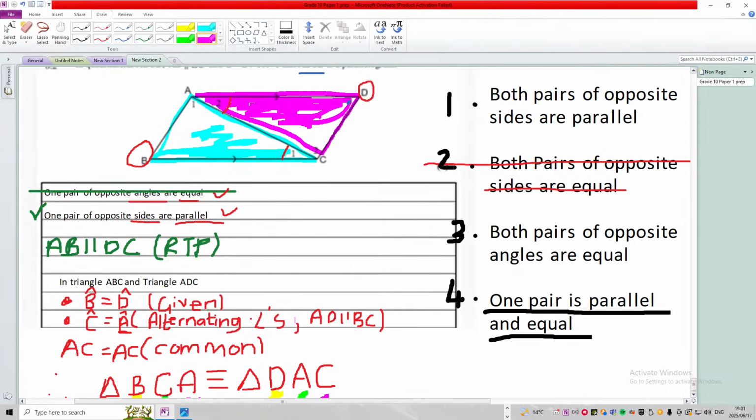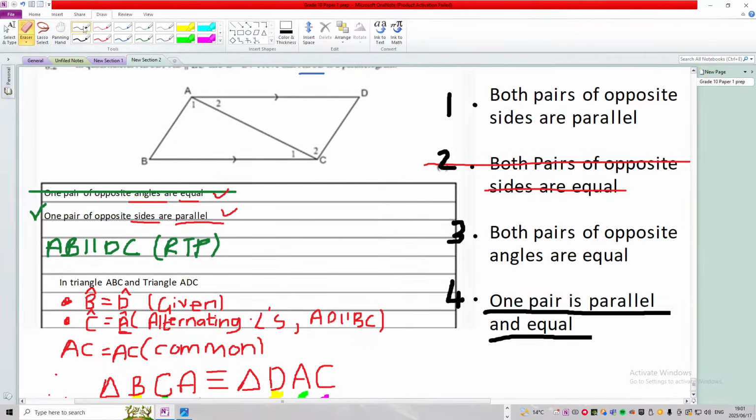Now, let us look at what I previously mentioned. If this angle is equal to that angle, I can say that that line is parallel to that line.